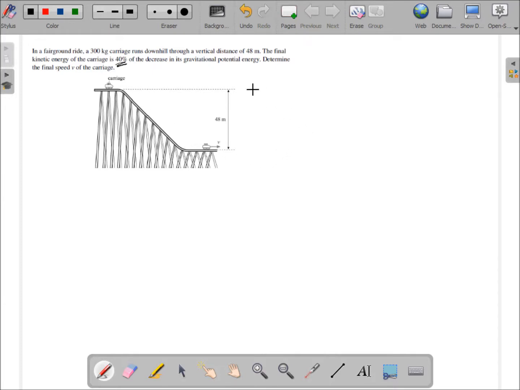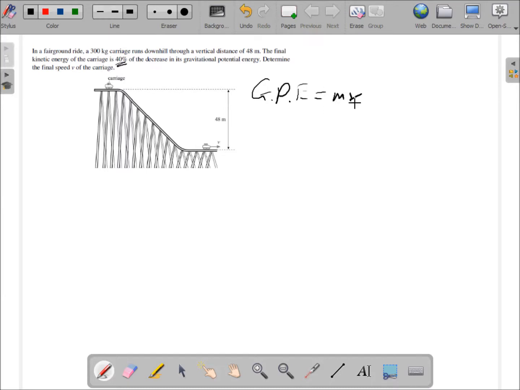So, firstly we need to calculate how much gravitational potential energy it's lost along the way. Now, the important thing here is the change. We could calculate how much G.P.E it's got here and how much G.P.E it's got here, but that's not necessary. We just imagine how much work it would do to take it from this point to this point using our G.P.E equation.